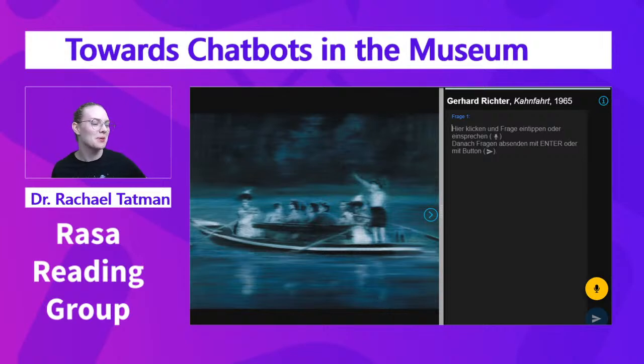If any of y'all are German speakers, I would be really interested to hear your reactions to using this particular assistant. I believe what you're going to be able to do is ask questions about the painting, things that you see, the sorts of questions that you might ask a docent or a museum curator if you noticed them in the gallery. Like, who's this person? Or why is their hair like that? That's my general understanding of what this system does.